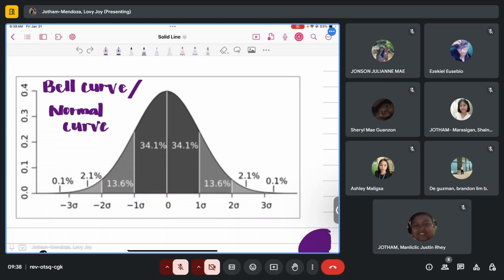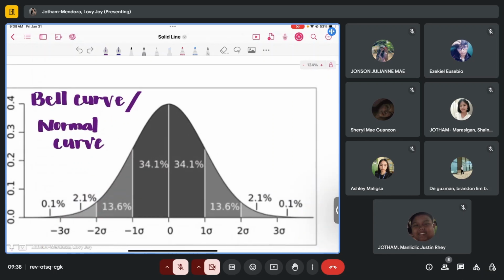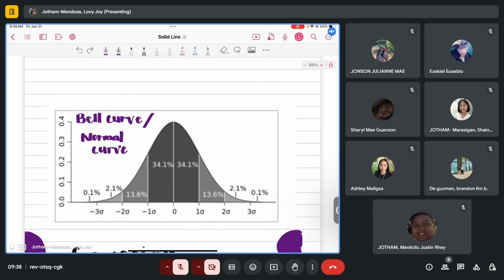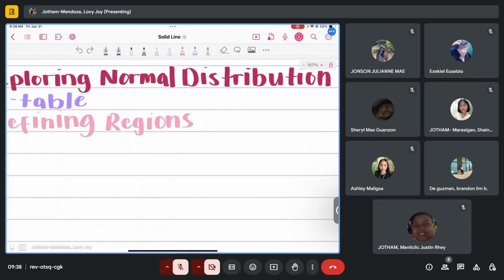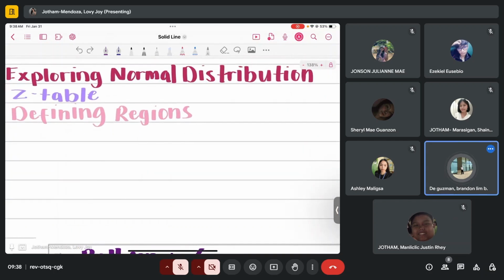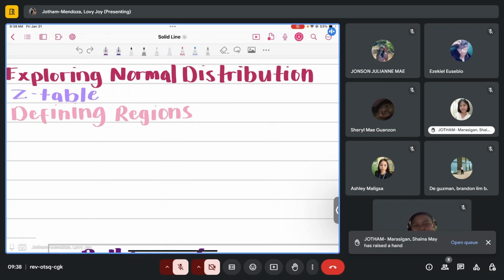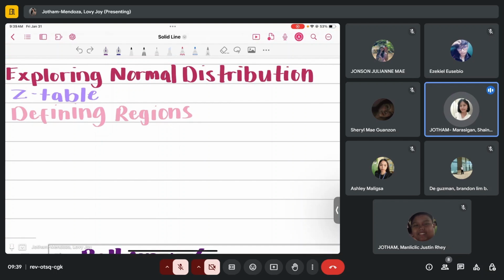So let's have a quick recap for the quarterly exam next week. The normal distribution is... Okay, Brandon? A bell-shaped curve showing how data is spread. And the z-score helps us? Okay, Shaina? Compare values to the average.